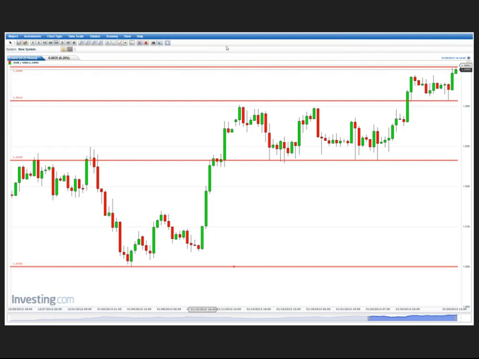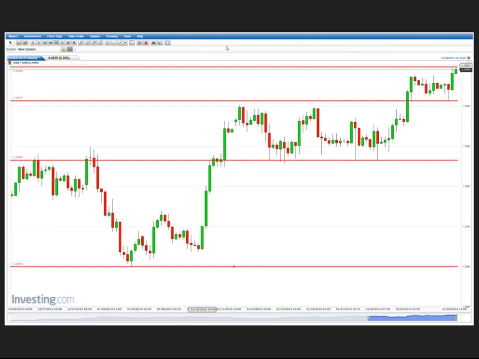It dipped just maybe a pip or two below that. But since January the 4th, and today is January the 29th, we've seen a low of right around 130, maybe 129.98, 99. And we've risen all the way up to 34.98. That's almost 500 pips for the month.